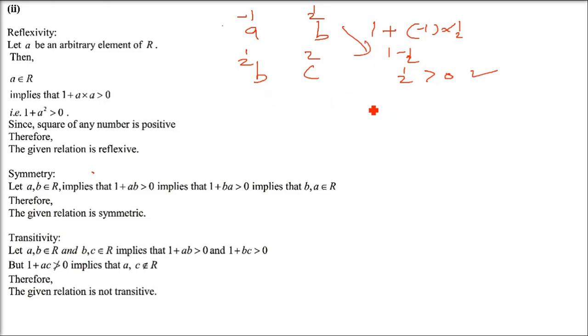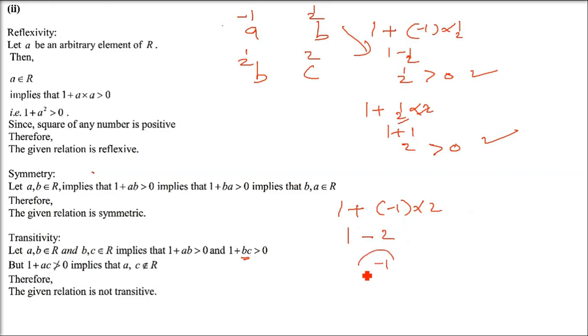Now coming to BC: 1 plus BC, I'm multiplying half with 2, so the 2 cancels, and 2 is greater than 0. So this is also correct. Now if I get A and C greater than 0, then we say transitive, otherwise not. So now 1 plus A into C, A is minus 1 and C is 2. So 1 minus 2 is going to be minus 1, and minus 1 is less than 0. So it is not transitive.